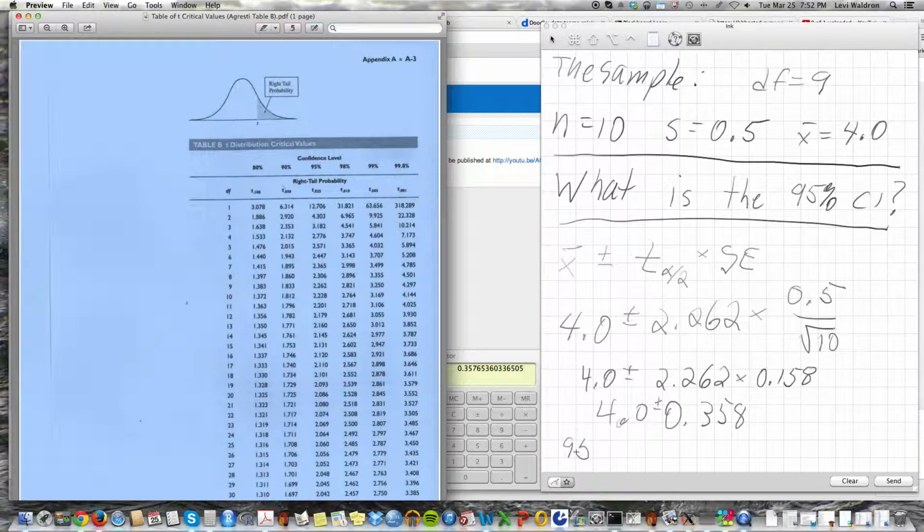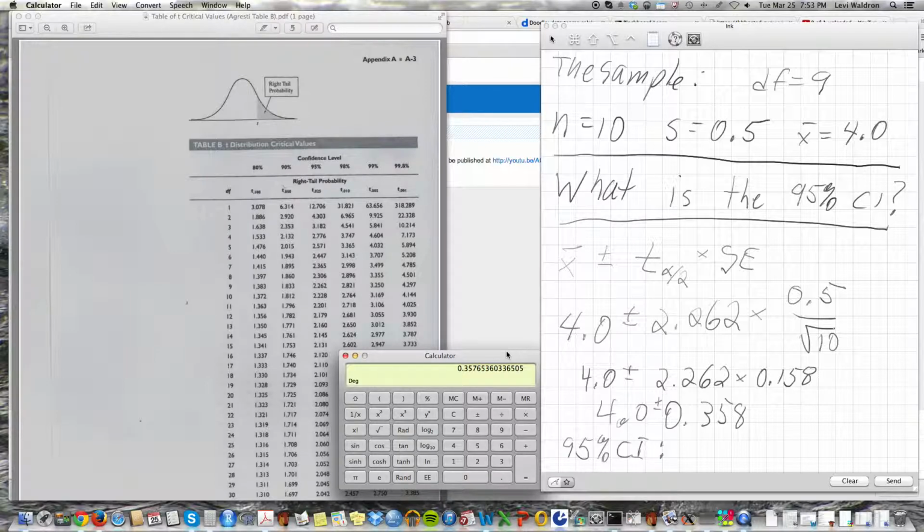So the 95% confidence interval, I'll just put this in memory and go 4 minus that. So the lower bound is 3.642, and I'll start rounding off here, 3.64.